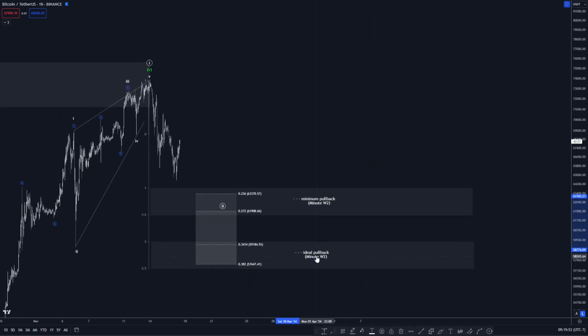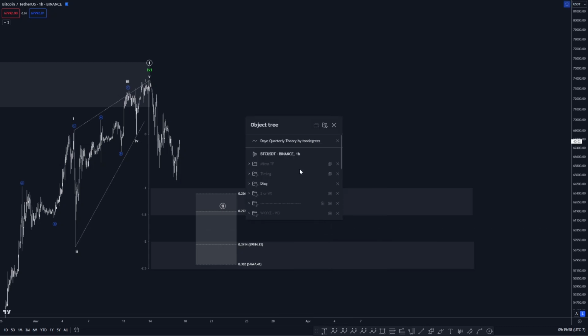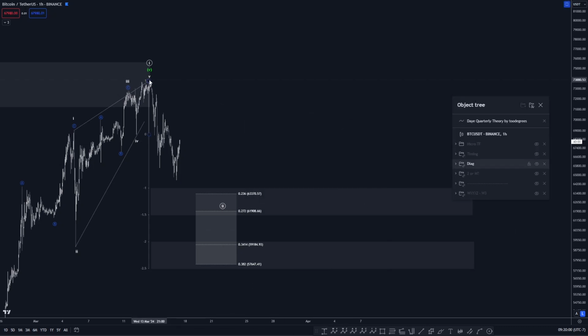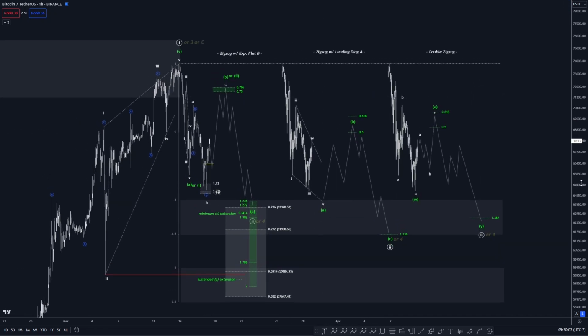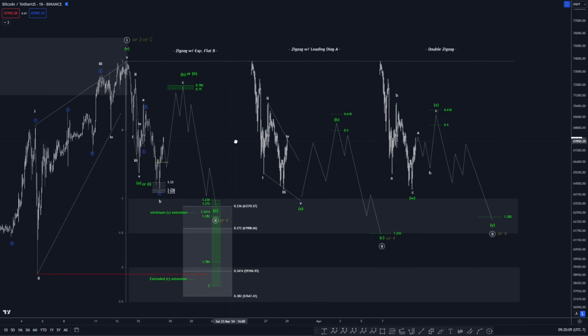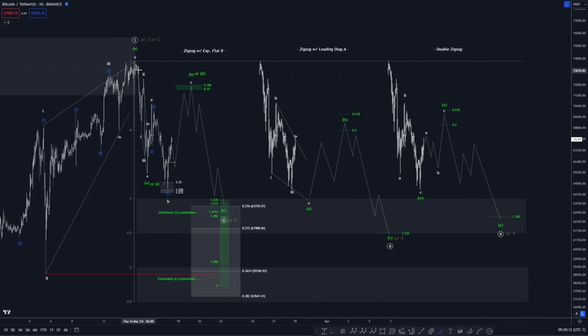There are basically 3 ways that I'm seeing this price action from the highs to where we are right now. So let's jump into it here. This structure right here, this 2 right here, is a diagonal structure. It could be an A, or it could be that wave 1. Once again, it could be that pivot, or it could be an A for a pullback.